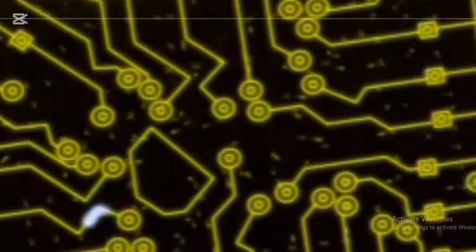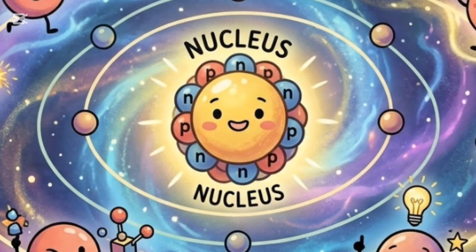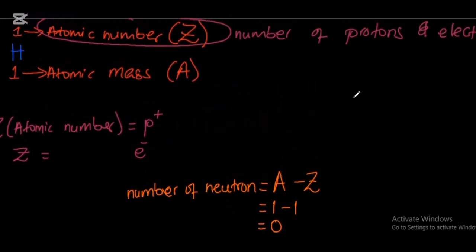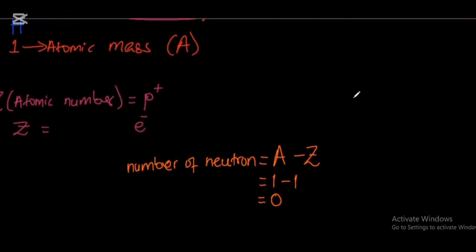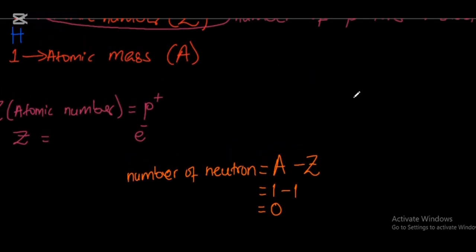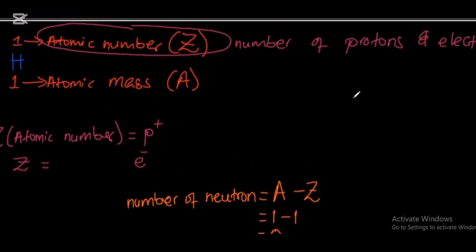So now I want us to talk about the nucleus. A nucleus is the center of an atom. So I'm going to do this. This will be our nucleus. The nucleus is made of protons and neutrons only, right? Remember, let's calculate the number of protons in hydrogen.